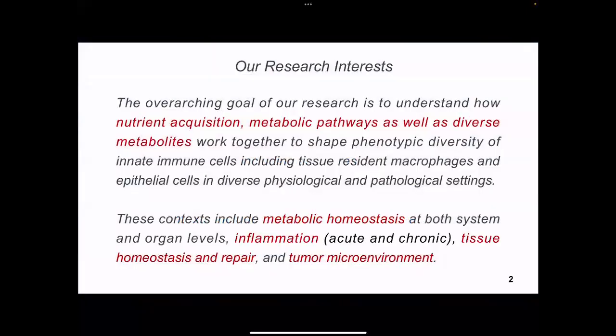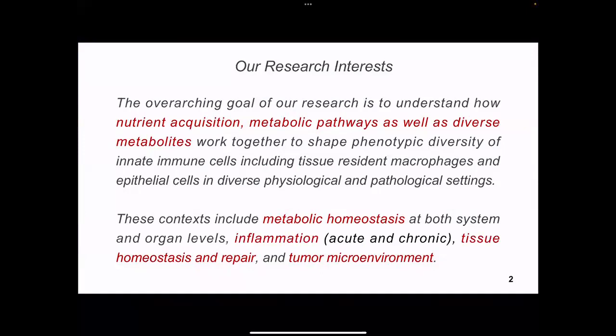Okay, so before talking about the story, I hope to briefly introduce the overall research interest in our lab. The overarching goal of the research is to understand how nutrient acquisition, the metabolic pathways, as well as diverse metabolites work together to shape the phenotypic diversity of innate immune cells, including tissue-resident macrophages and epithelial cells, in many different physiological and pathological settings and in different organs, such as the muscle, gut, and the heart.